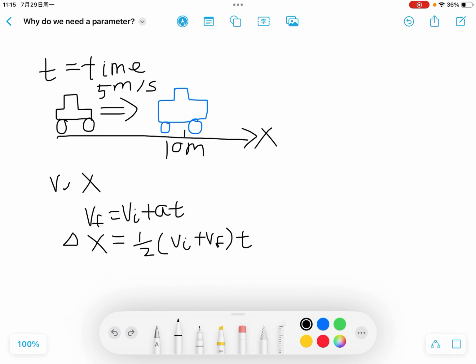So this is obviously related to time as well. So assuming that we know these variables here, vi, a, 1/2 vi plus vf, time here is a parameter, and we can plug any value in for time and get what we want. Well, any value for time that is larger or equal to 0. So in this case, time is a parameter, and in physics and science and kinematics, time is the most common parameter out of all.